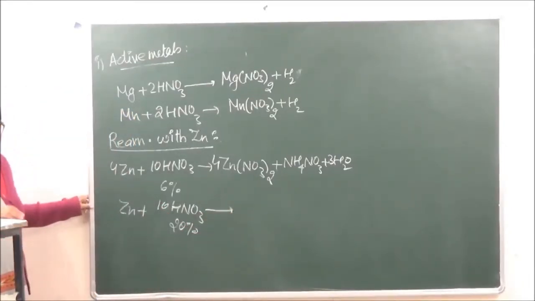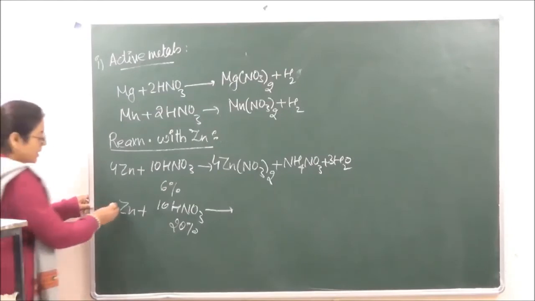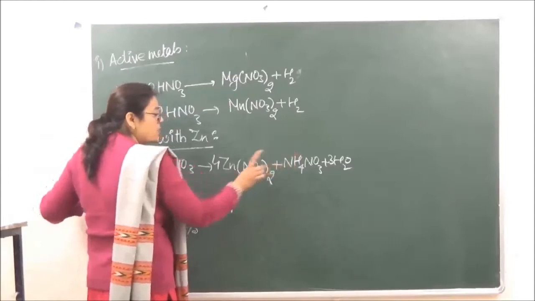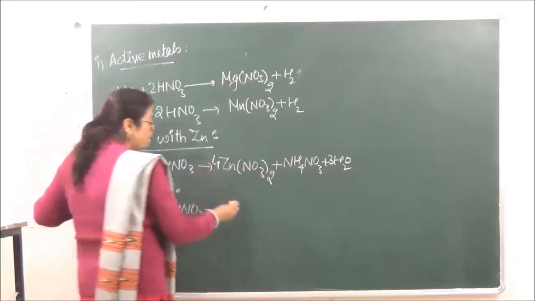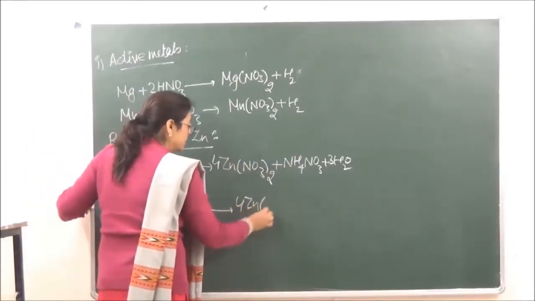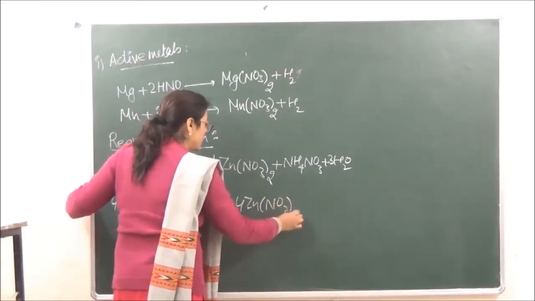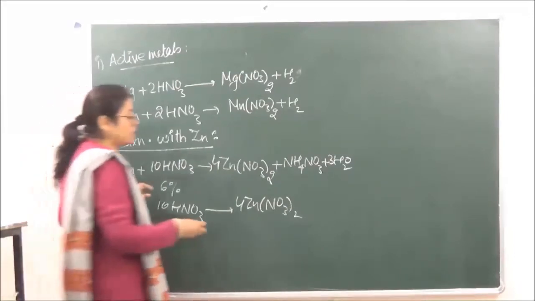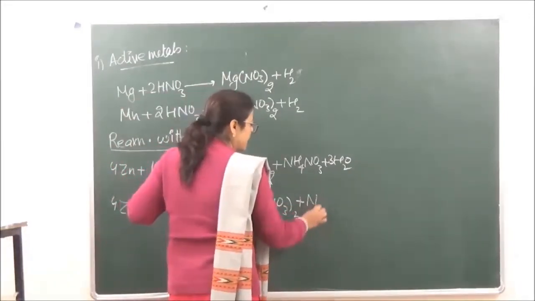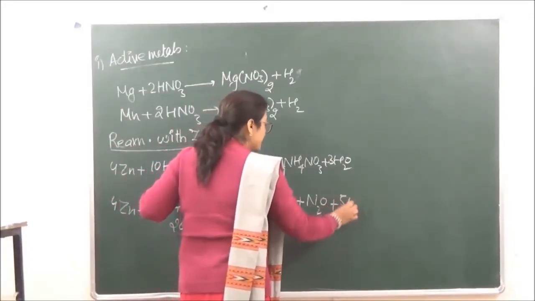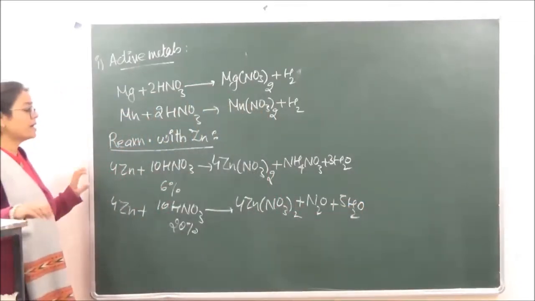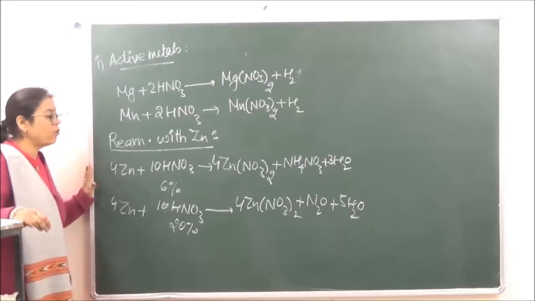So when we are reacting it with 20%, again you will see that the main products, zinc nitrate and water, are going to be the same. So we are going to get zinc nitrate. यहाँ पे हमारे पास N2O आता है, and as I just said, water is also going to be evolved. So two products are going to be the same over here in all the cases.